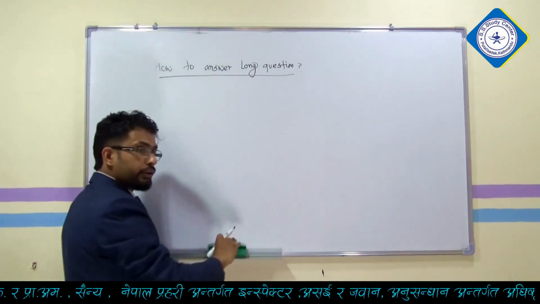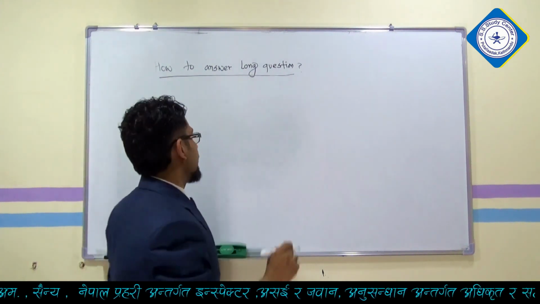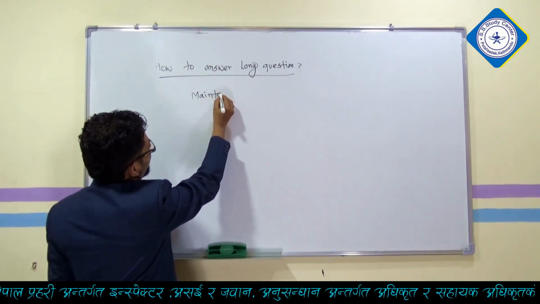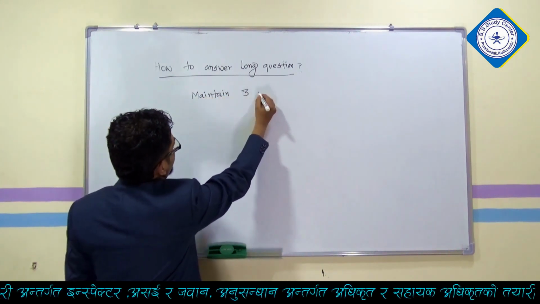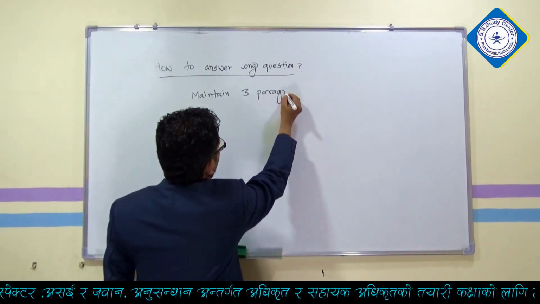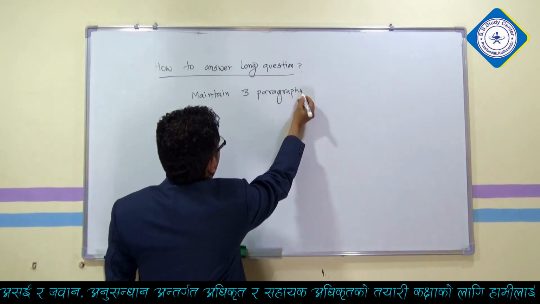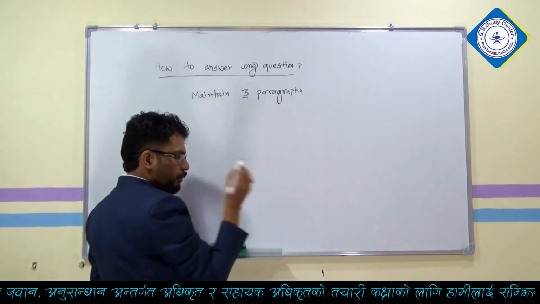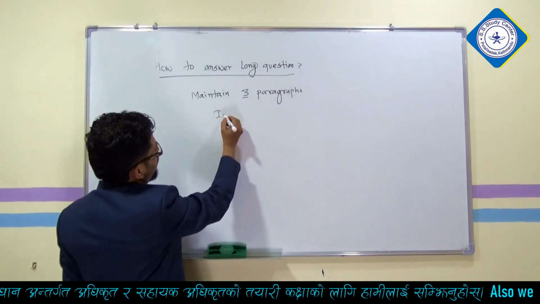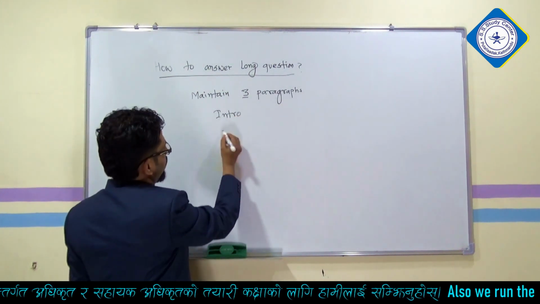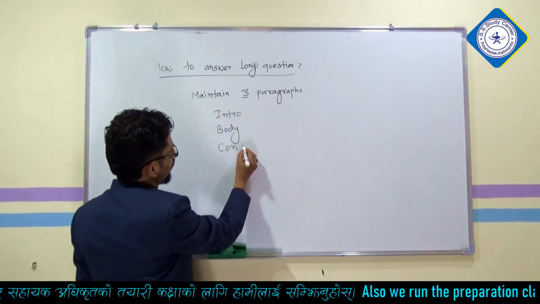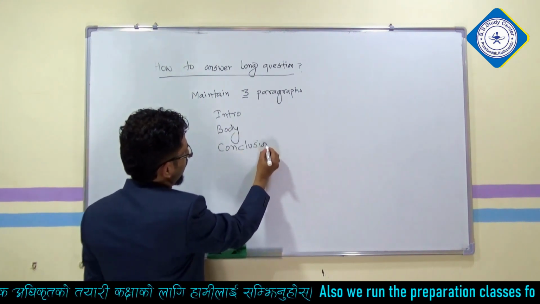The first thing you are going to keep in mind is that you are going to maintain 3 paragraphs. What are those 3 paragraphs? Can you tell me? Yes, obviously, it is the intro paragraph, the body paragraph, and finally the conclusion paragraph.